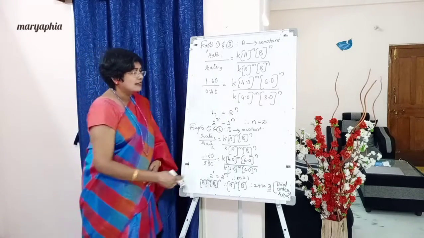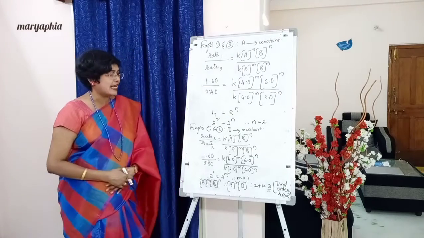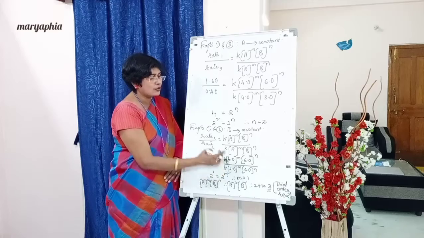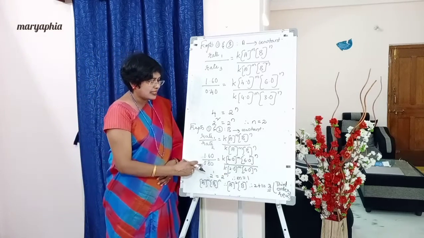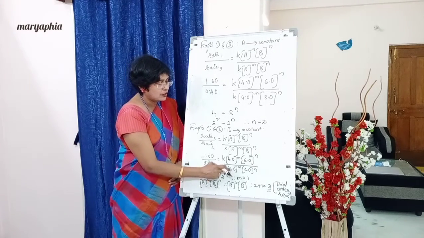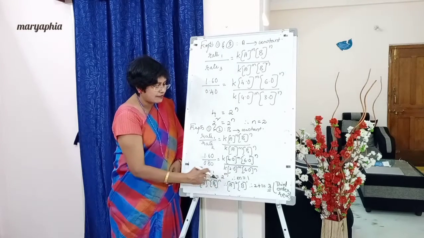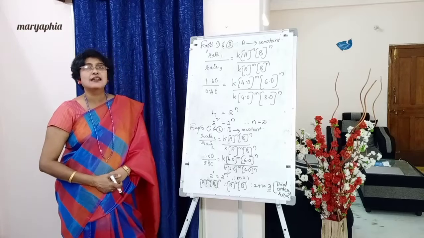Now 6.0 to the power n, 6.0 to the power n both get cancelled, and K gets cancelled. 2 twos are 4. Therefore 1.6 by 0.8 is 2. So 2 to the power 1 is equal to 2 to the power m. Therefore the m value is 1, with respect to A.